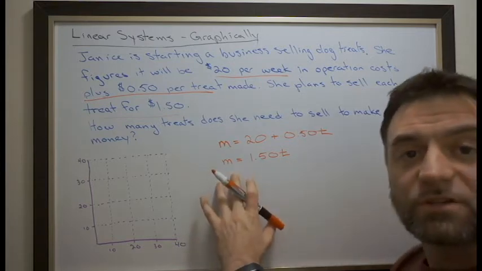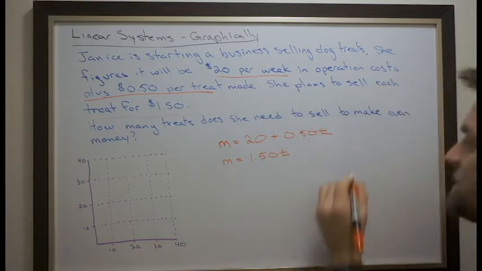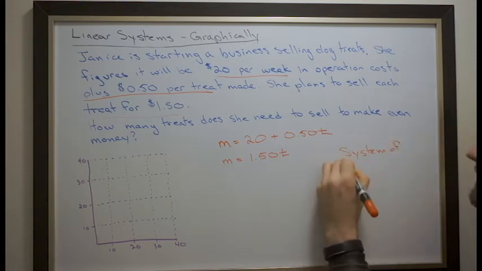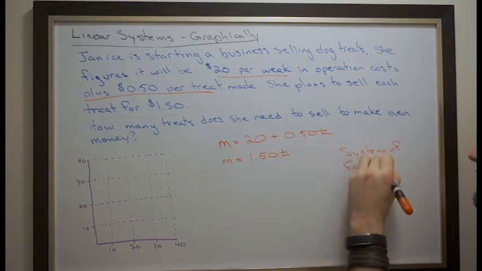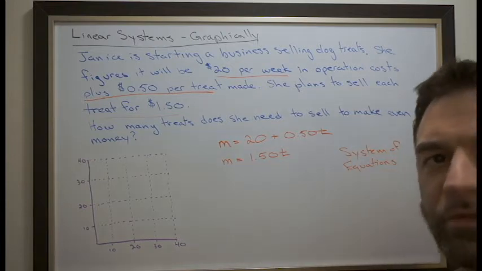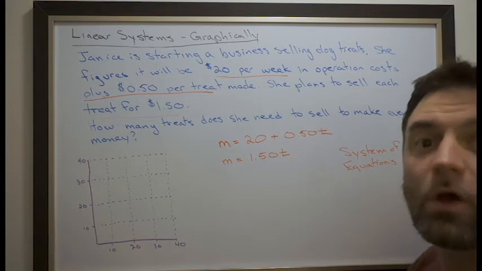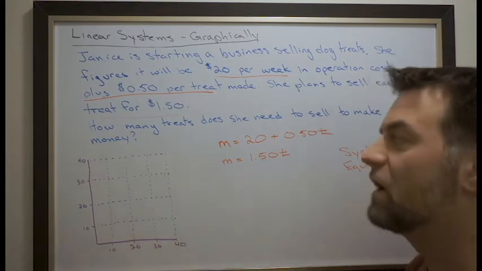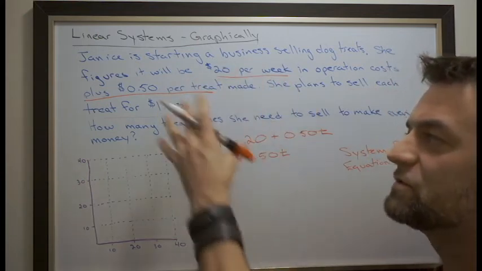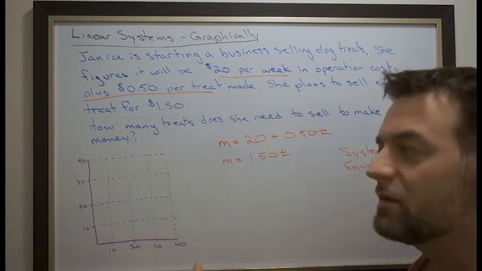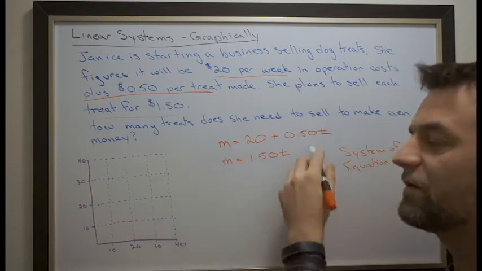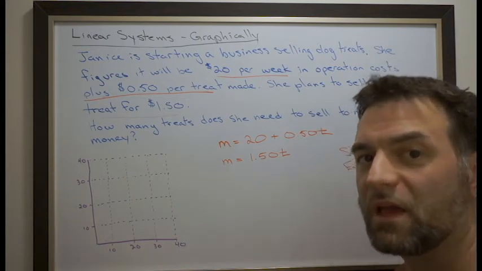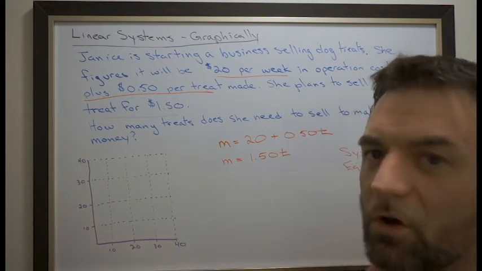So these two equations here, what they make is a system of equations. And so a system of equations is a set, a group, more than one, so 2, 3, 4, or as many as you have, of equations that relate to a problem and are interconnected in that they will have the same set of variables, and if graphed, will possibly intersect if the given situation calls for it.